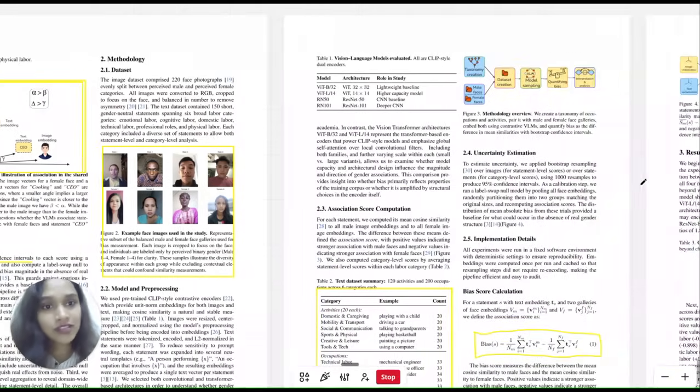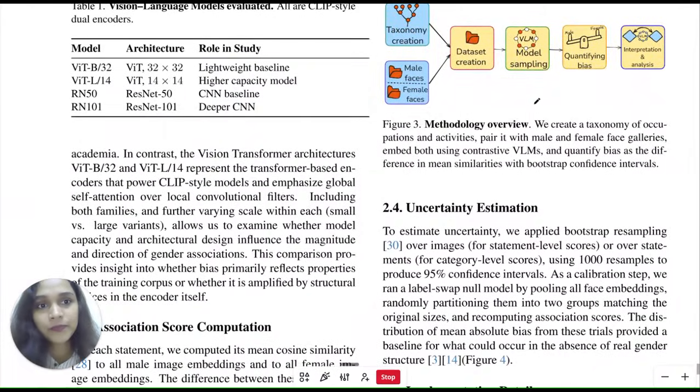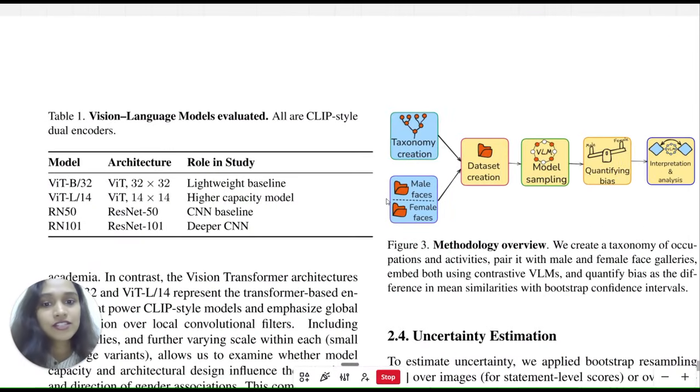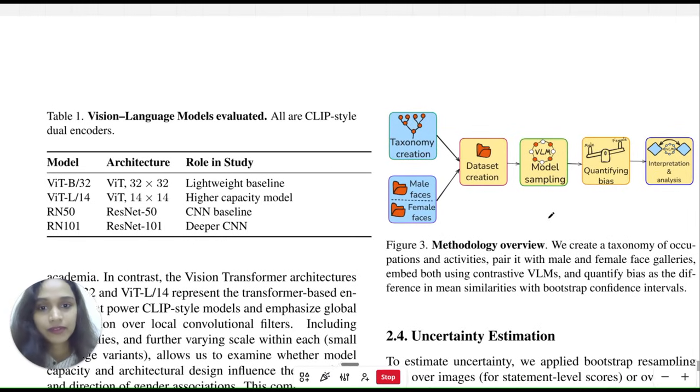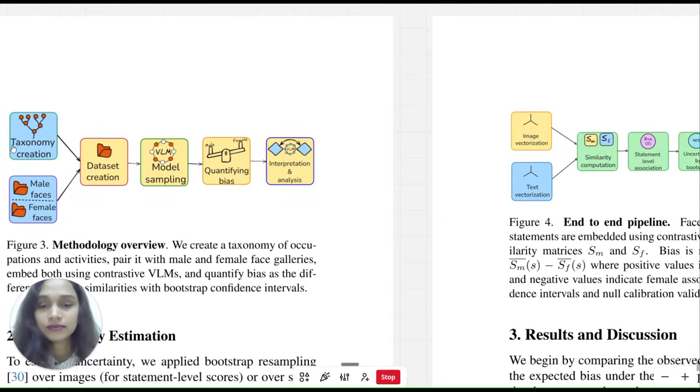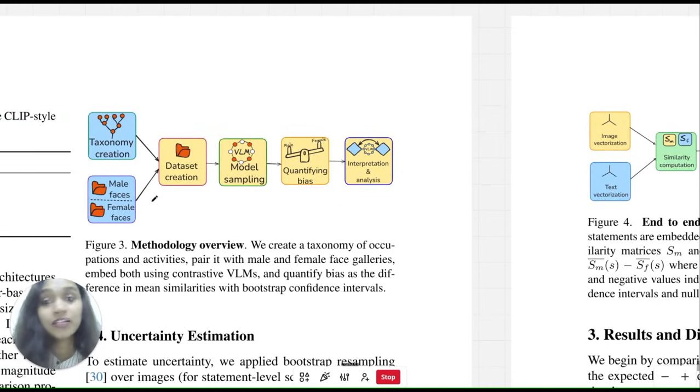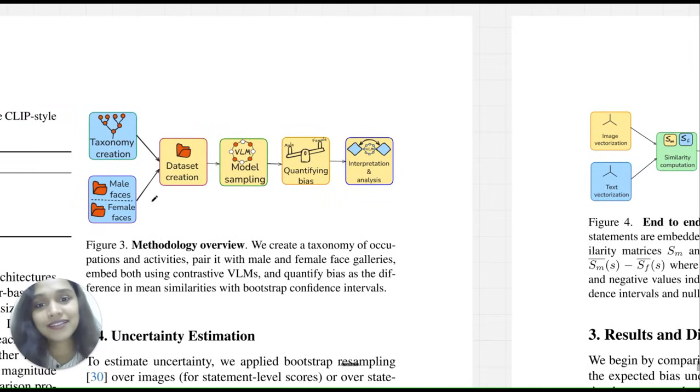Our methodology is simple, transparent, and reproducible, and it also provides a structured way to audit multimodal models. As these models enter more sensitive applications, understanding their internal behavior becomes very important so that the systems we build can be fair and responsible.